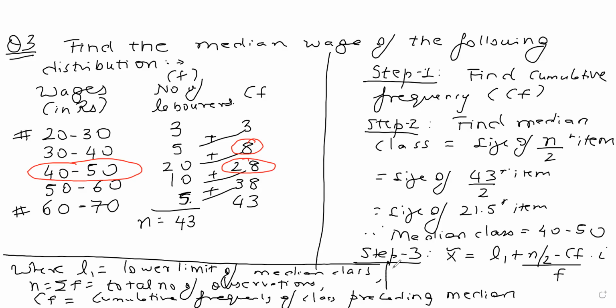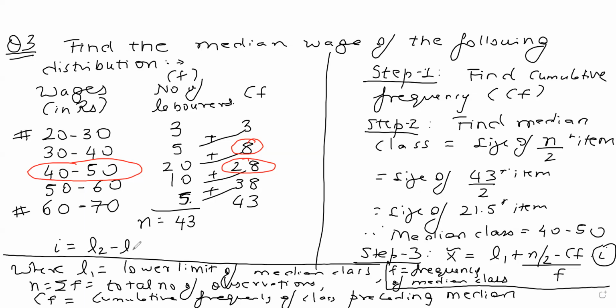F is the frequency of the median class. And I is L2 minus L1, the upper limit minus the lower limit. So I itself is L2 minus L1, upper limit minus the lower limit, which is 10 in each of the cases.